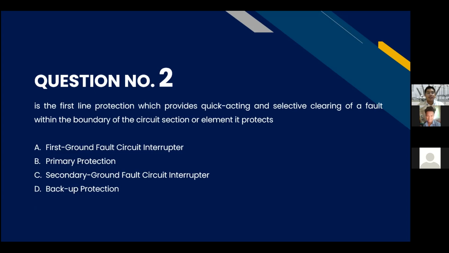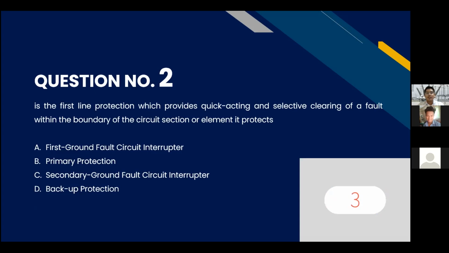For A, first ground fault circuit interrupter. For B, primary protection. For C, secondary ground fault circuit interrupter. And for D, backup protection. The timer starts now. 5, 4, 3, 2, and 1. Time's up.